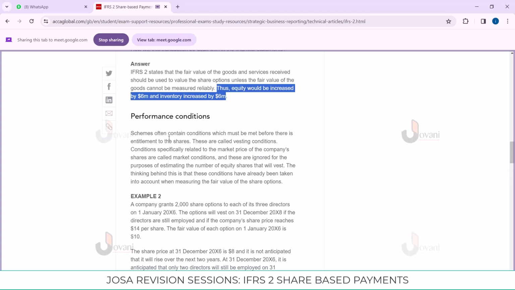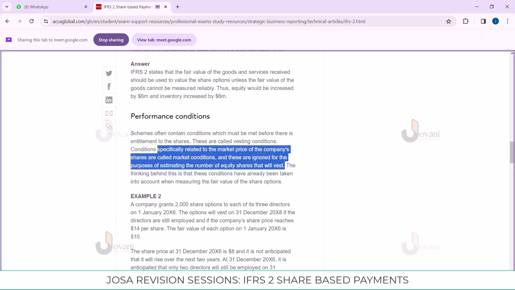Please take note, when it comes to performance conditions, there are two types. One, market conditions. Two, non-market conditions. Market conditions are those that depend on the performance of the share options.